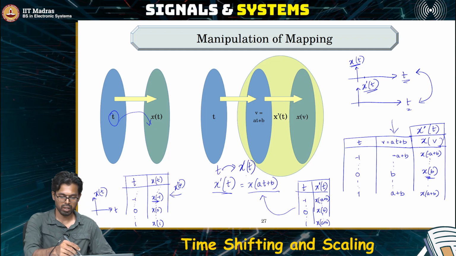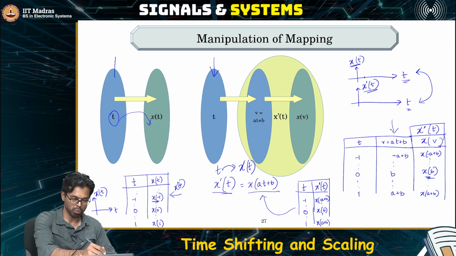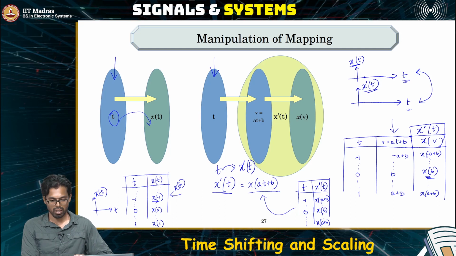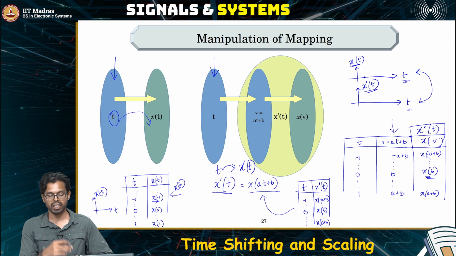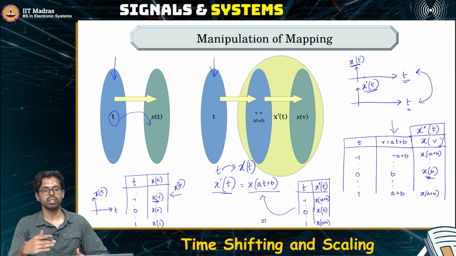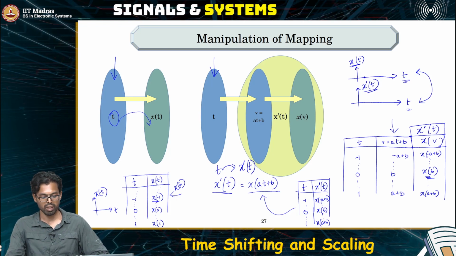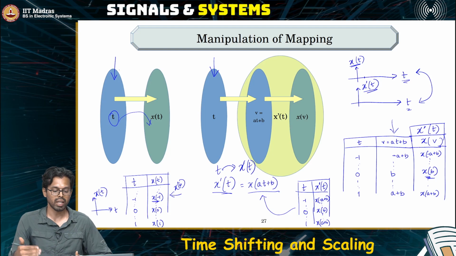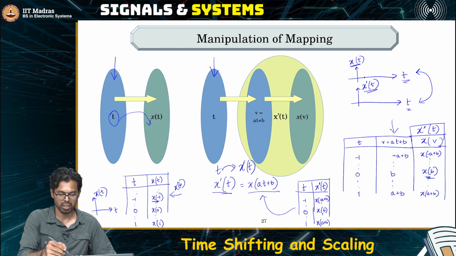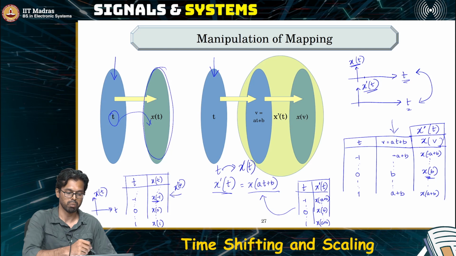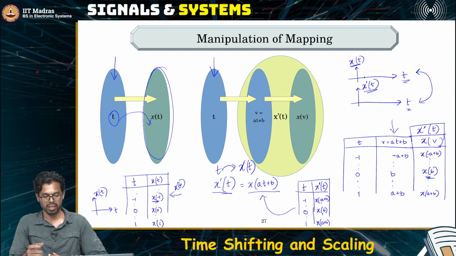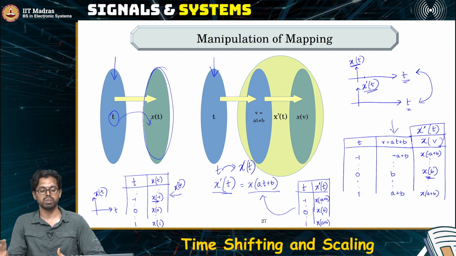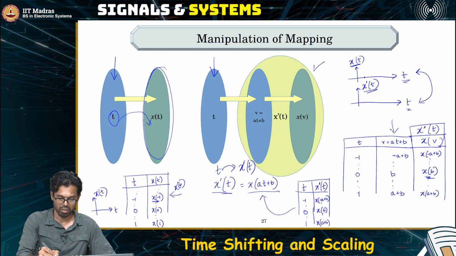Remember, this domain, t, remains the same as such. The only thing that changes is that at t equal to 0 or t equal to 1 or t equal to 2, the value taken by the signal keeps changing. So the image to which it gets mapped keeps changing.